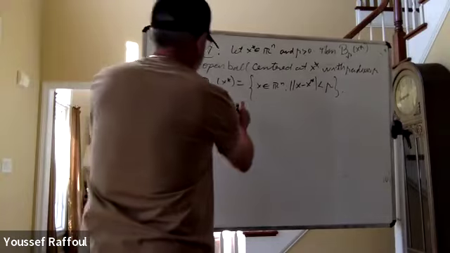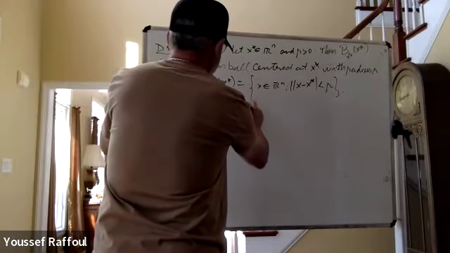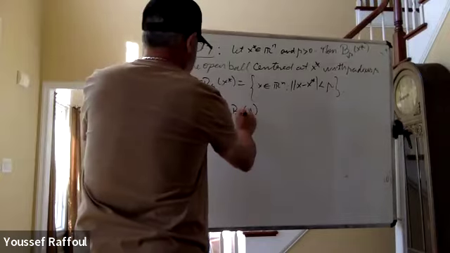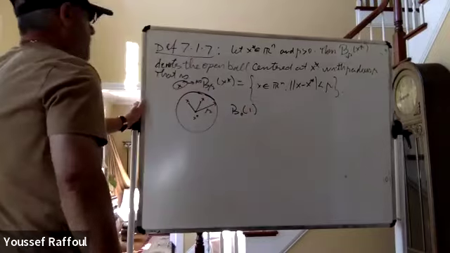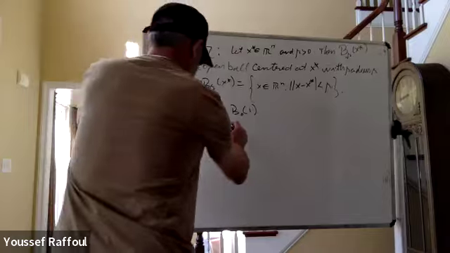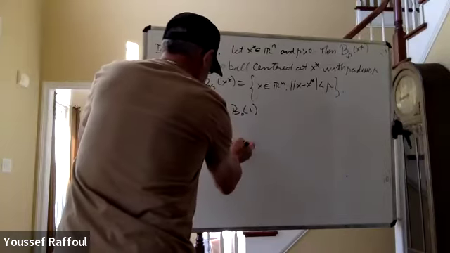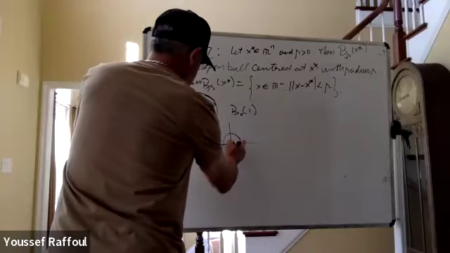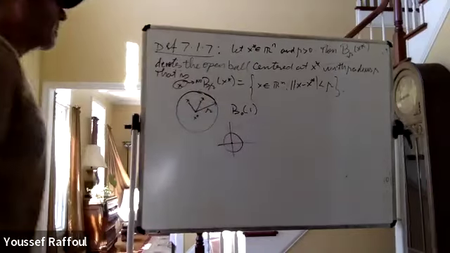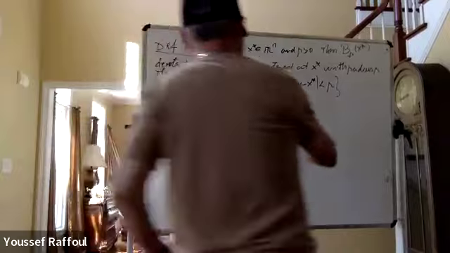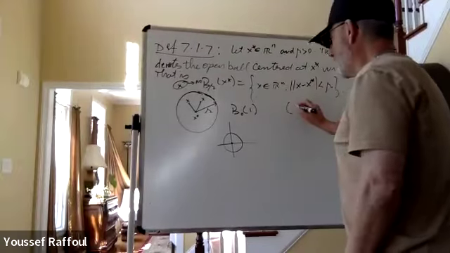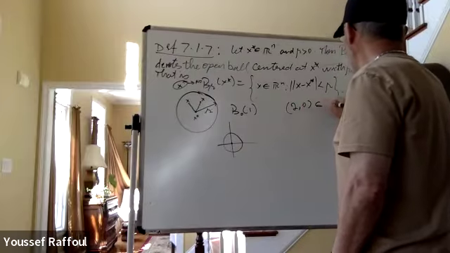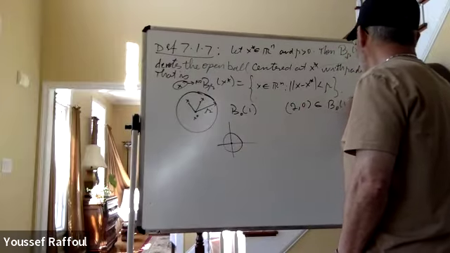For example, if you have B_2(1) or B_1(0), so this means this point here, B_1(0). So the question is, does 2 belong to B_1(0)?